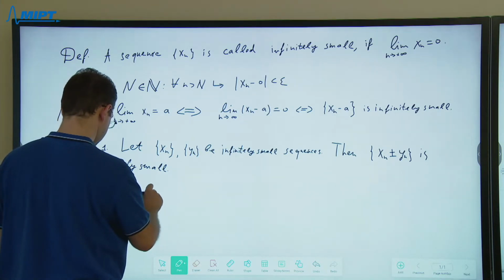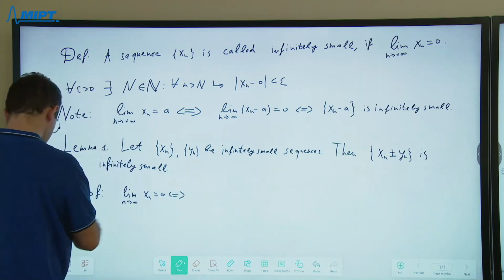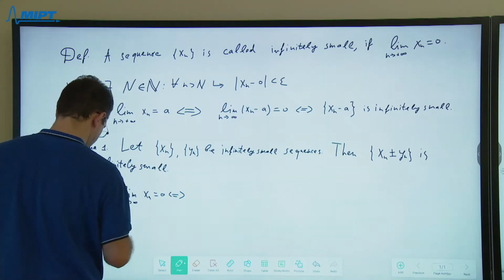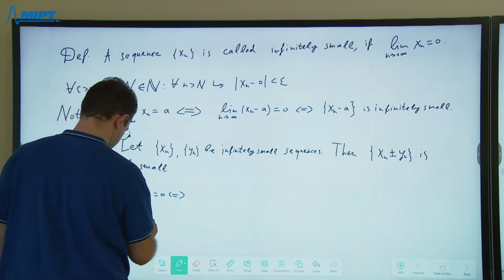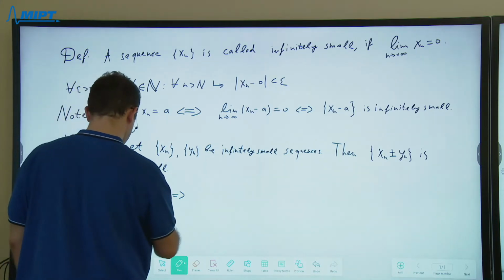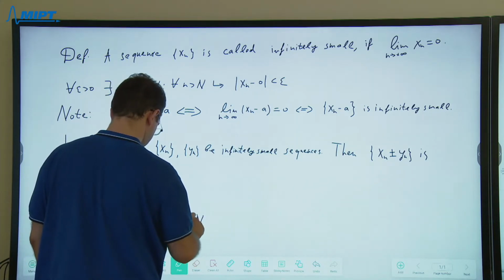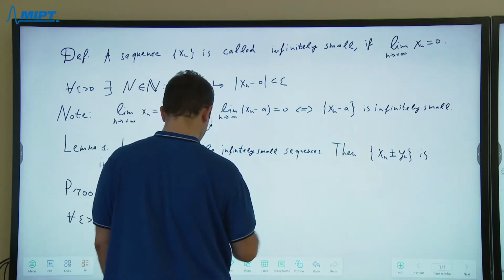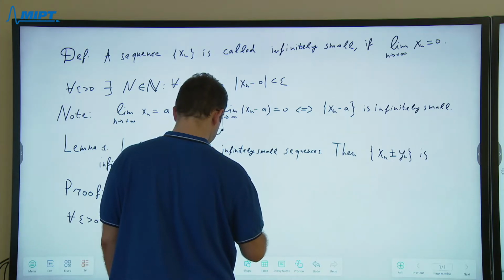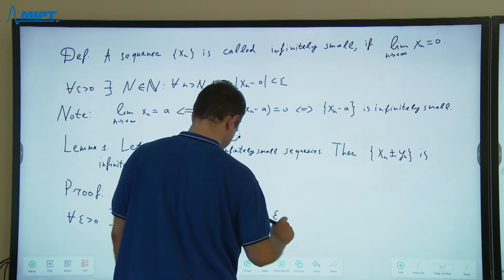Limit of xn equals 0 means for every epsilon greater than 0 there exists capital N, I will call it N1, a natural number, such that for any n greater than N1, it follows that the absolute value of xn minus 0 is less than epsilon divided by 2.